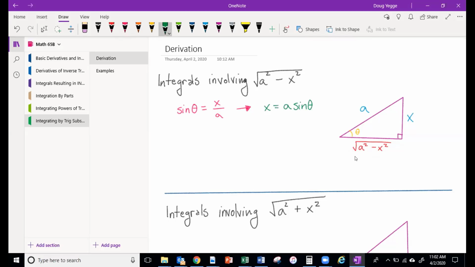So that must mean that I'm going to be able to replace this a sine theta into x. And that's what we refer to as trigonometric substitution.